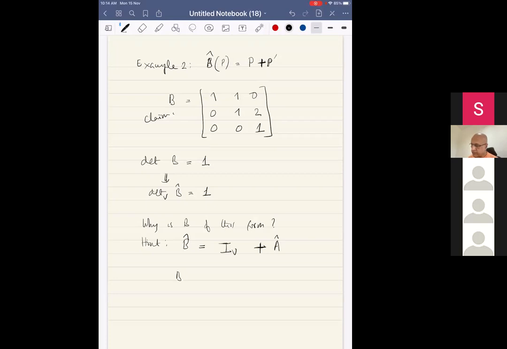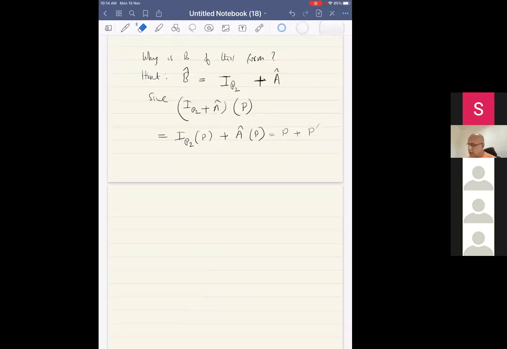Since the identity on V plus A hat, where V is P2, acting on any polynomial P is by definition the identity on P2 applied to P plus A hat P, but the identity applied to P is P and A hat P is P prime.